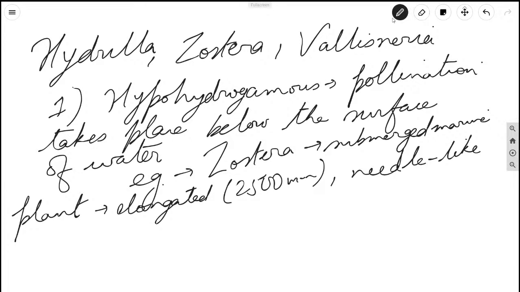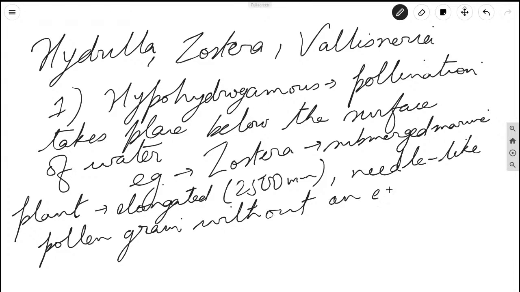Very, very important, means no sporopollenin, right? Needle-like pollen grain, that too without exine. Very, very important for neat preparation, right?